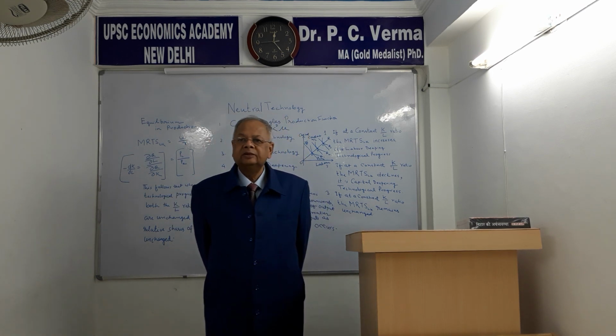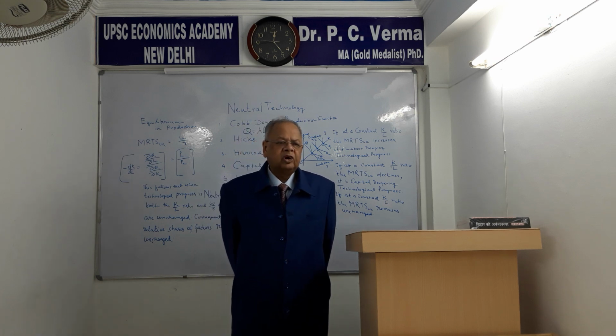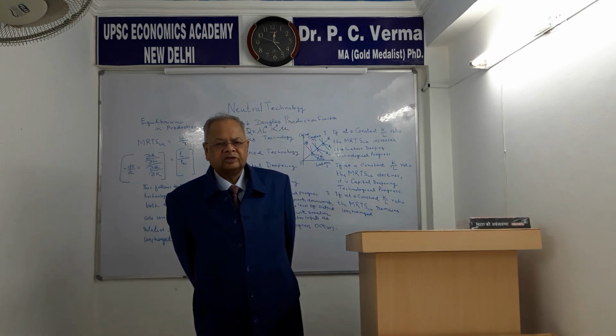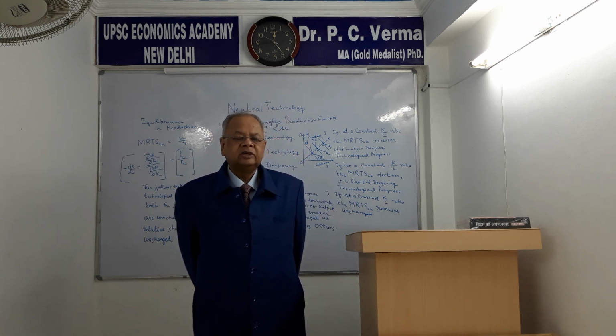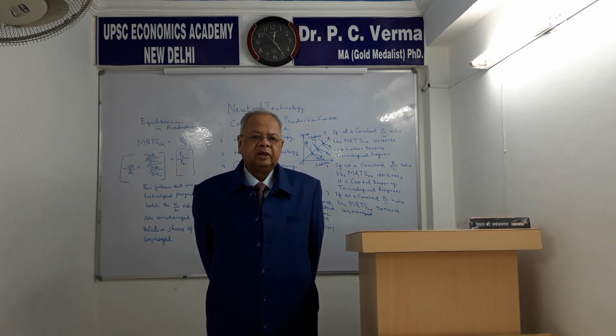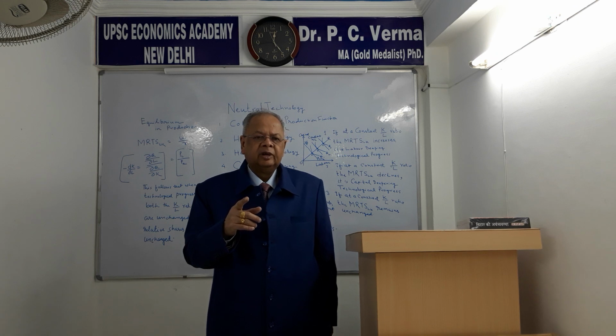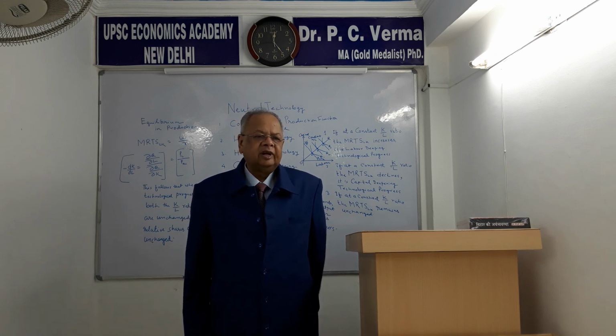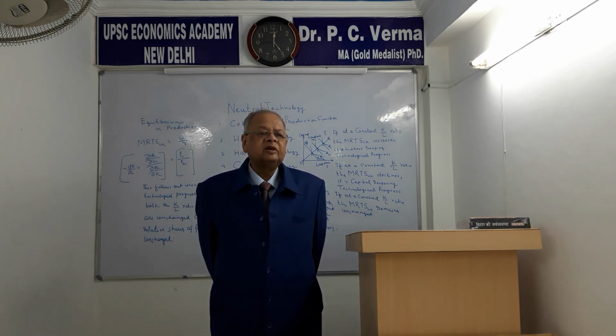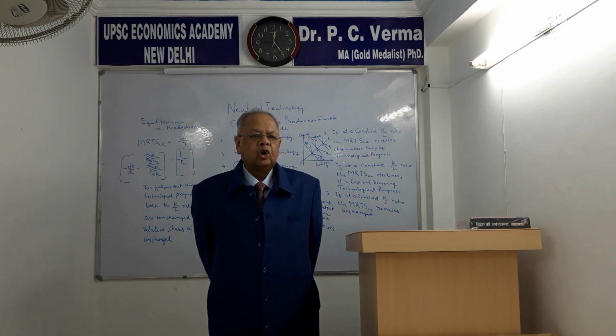So production is the most important section in microeconomics, and in UPSC in 2017 one question was related to expansion path under the Cobb-Douglas production function.